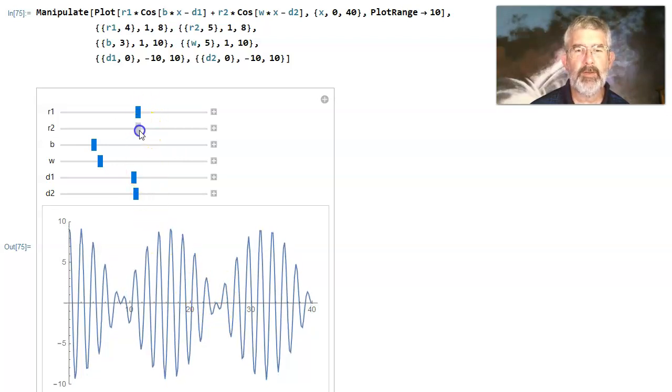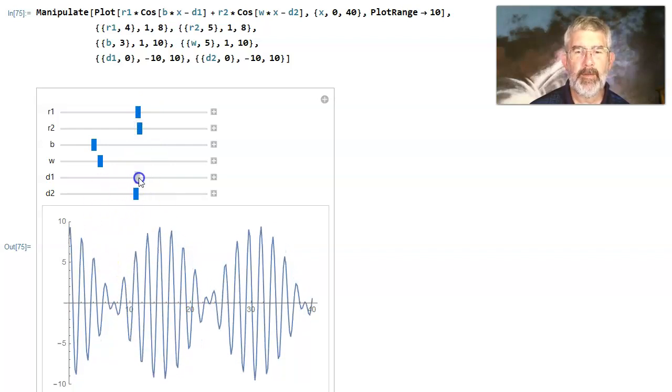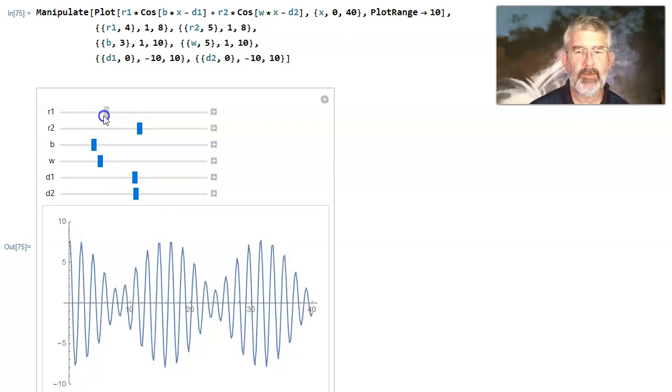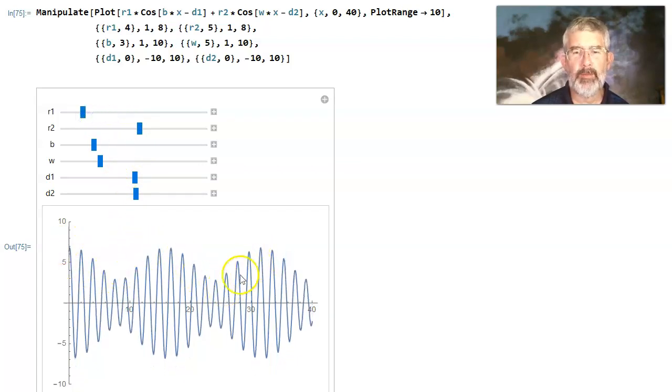When I get these two to have the same amplitude, the beat will actually have a 0 in there. When I get these farther apart, you see that it gets bigger and smaller, but the amplitude never goes down to 0.